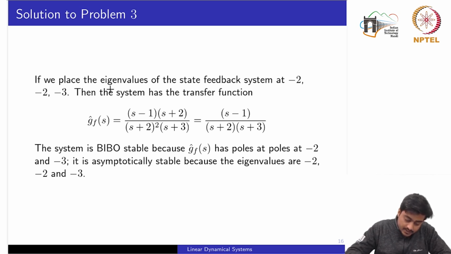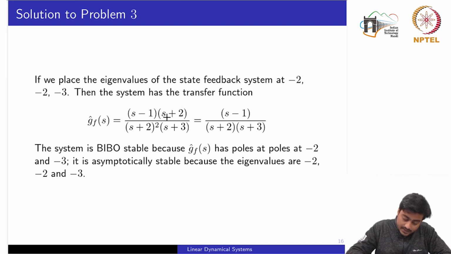Now if we place the eigenvalues of the state feedback system at -2, -2 and -3, then the system would have the transfer function given by this one. The numerator polynomial would remain as it is. We can change the denominator polynomial by placing the eigenvalues, where two eigenvalues are located at -2 and another at -3.